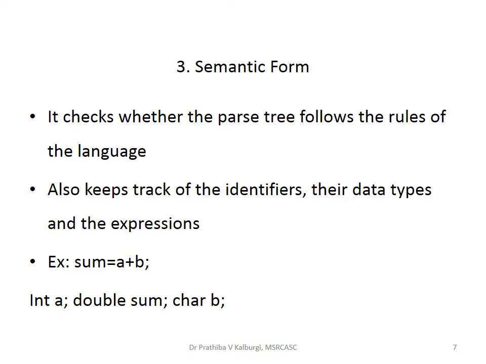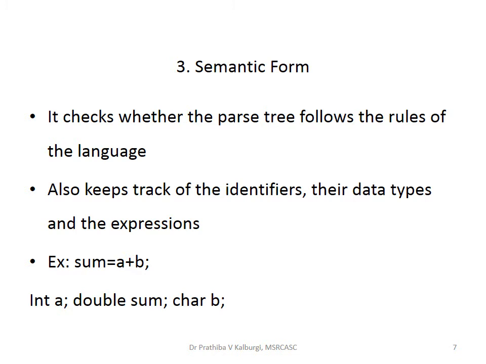So if you observe here, we have sum is equal to a plus b. We have defined the data type of sum as double, and then a is in integer format, whereas b is in character format. So if you observe here, int and character will not match.